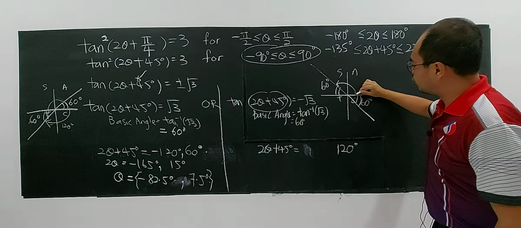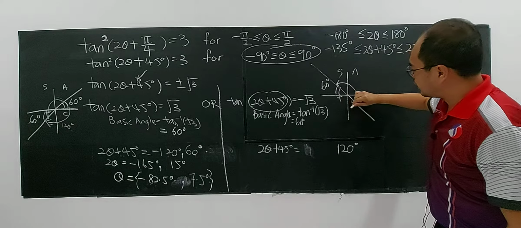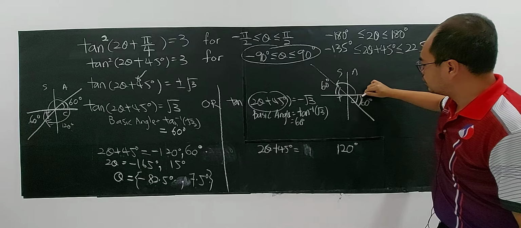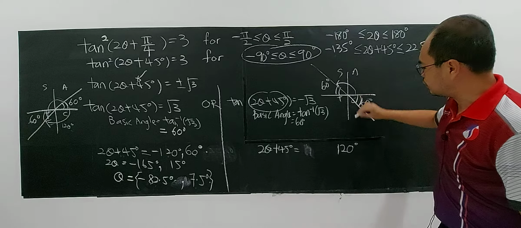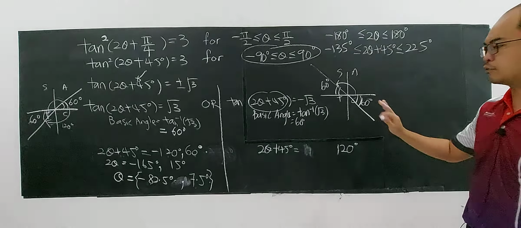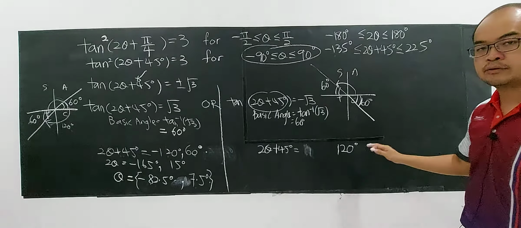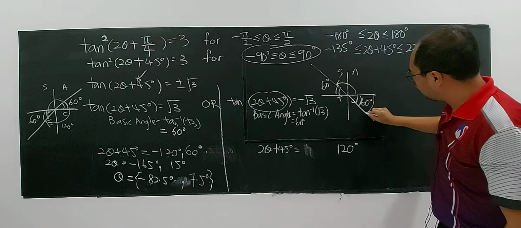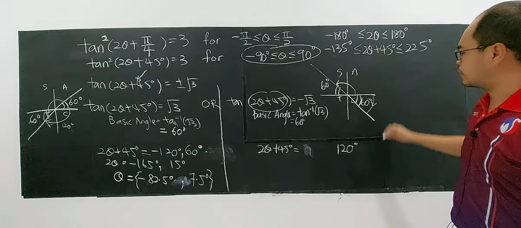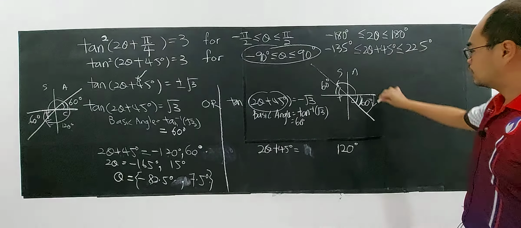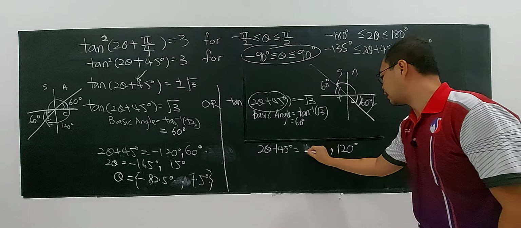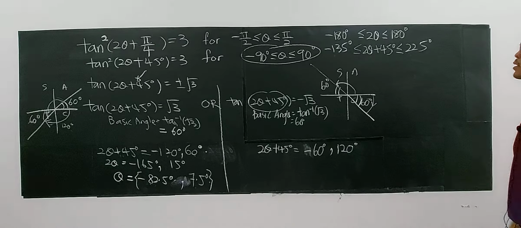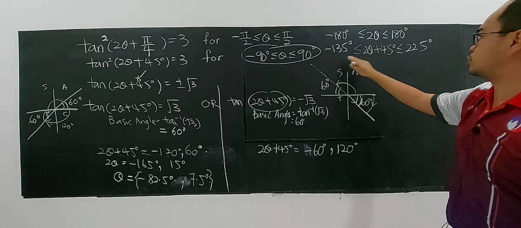But for the fourth quadrant you cannot go in this direction, because this one is 360 minus 60, 300, which exceeds the limit. 300 cannot be accepted. So you have to go in the negative direction, which is clockwise. It's negative 60, which we can accept because it's within the range, right?